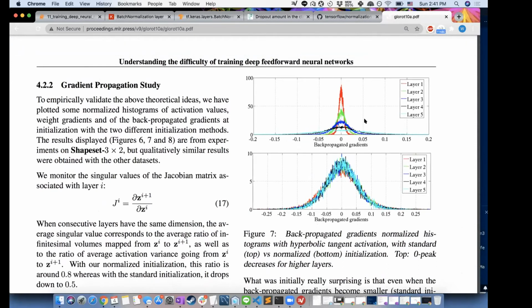When you look at layer 1, right? When you backpropagate to layer 1, the values or the variance becomes smaller. Whereas if you use normalized initialization, the backpropagated gradients show no decrease, and the variance stays the same.